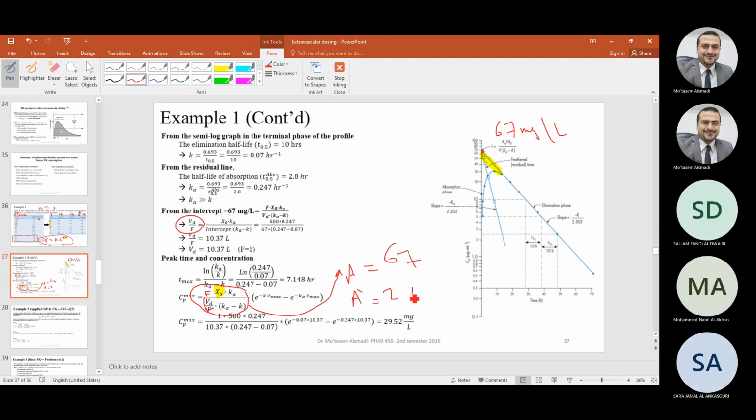A prime will be 2 multiplied with 67 at a dose of 1000 milligrams. Or simply, the Cp max will be double this value. If this is a Cp max from 500 milligrams, the dose from 1000 milligrams will be double this value. Why double? Because everything between parentheses will not be changed.